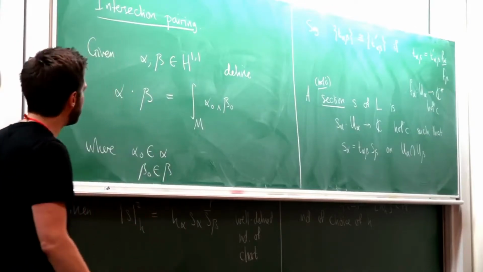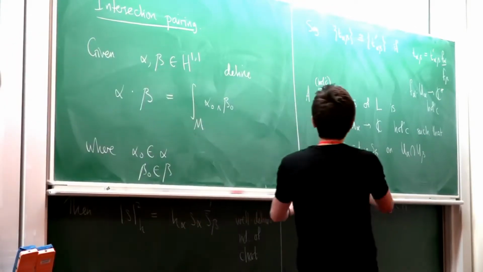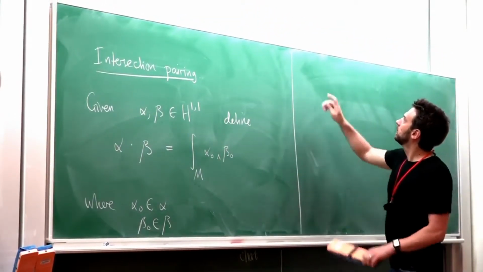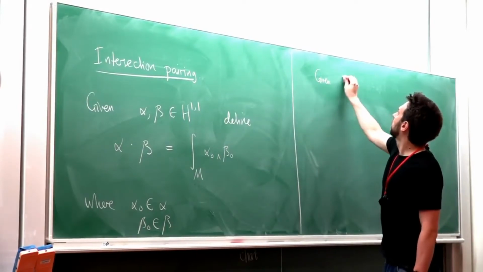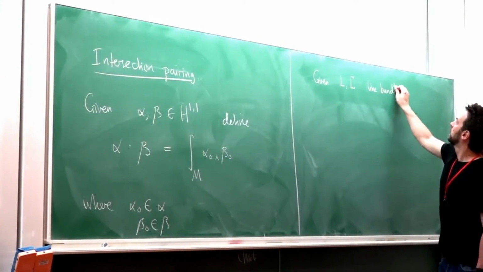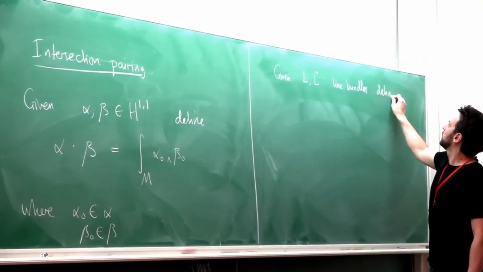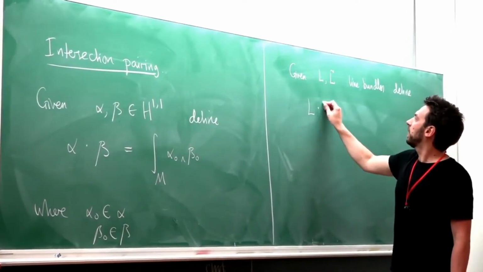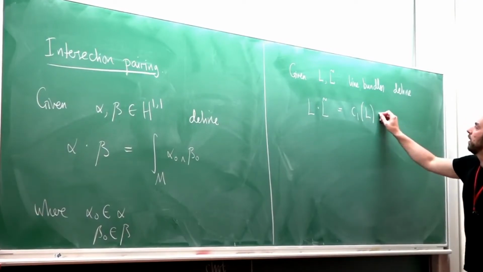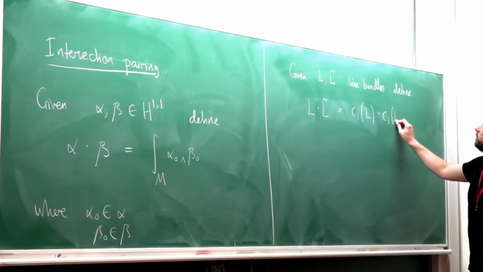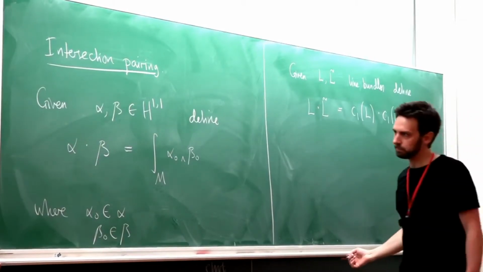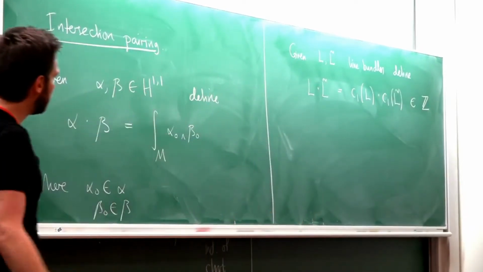Well, given line bundles L and L tilde, you can define the product L dot L tilde to be just C1 of L dot C1 of L tilde. And this will actually give you an integer, if I get my factors of 2 pi correct.